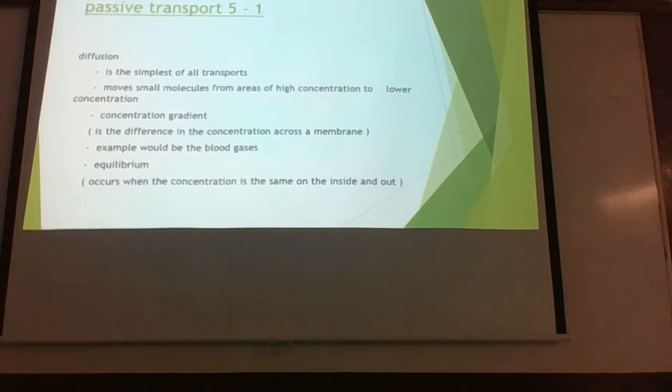So we want to associate that with the blood gases. And it's very easy for blood gases to diffuse across this cell membrane. And when we talk about diffusion, it does not require any energy.